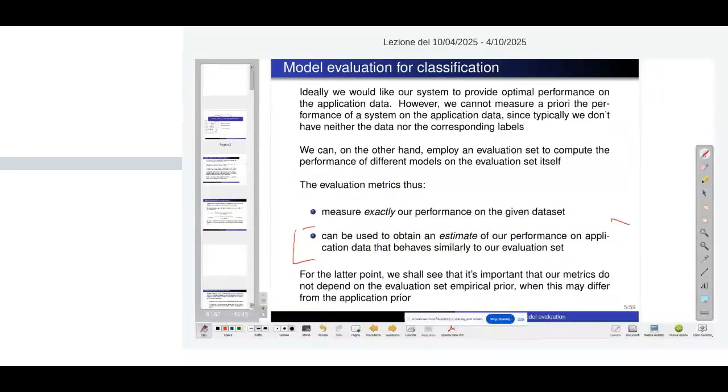That is, it will not tell me how the model exactly performs on application data. We'll not go into the details of this because, again, it would open too long a parenthesis, but remember that there are these two ways of interpreting the same value: exact performance on that specific data and estimate of our performance on application data.